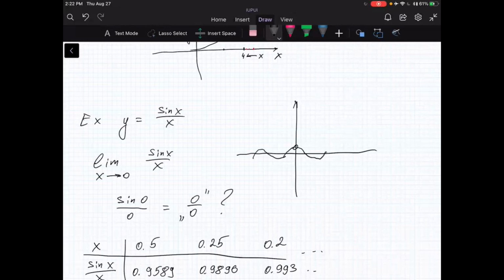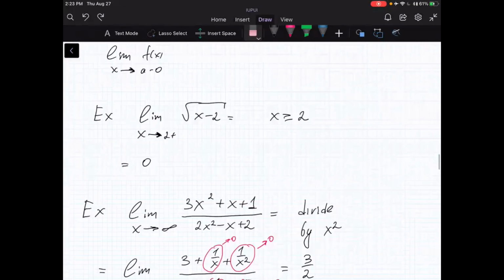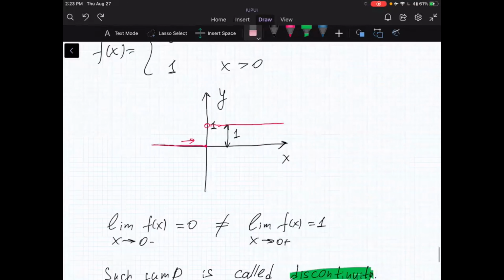It's just that the function is not defined at this point. So in some sense, you can define it by hand, making the value at 0 equal 1. So it's another type of discontinuity, but nevertheless, we are interested just in discontinuity in general.